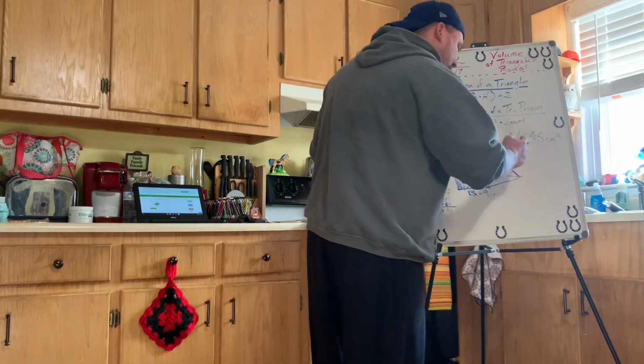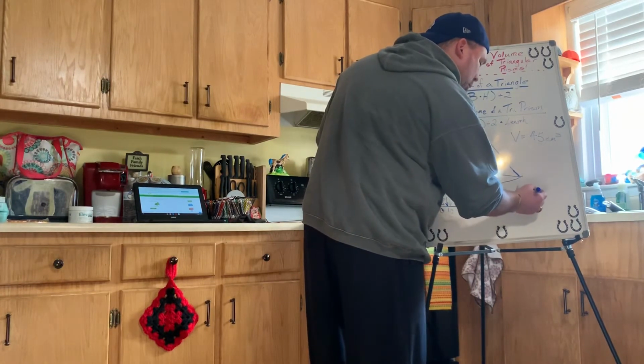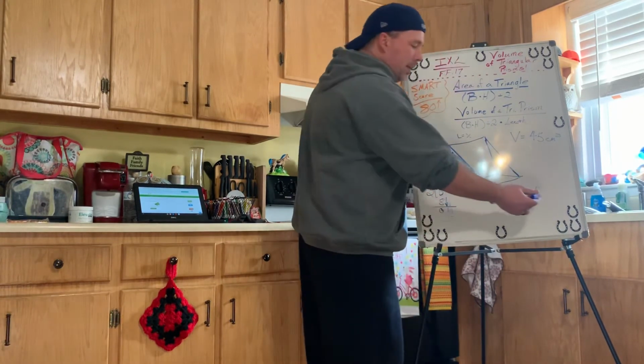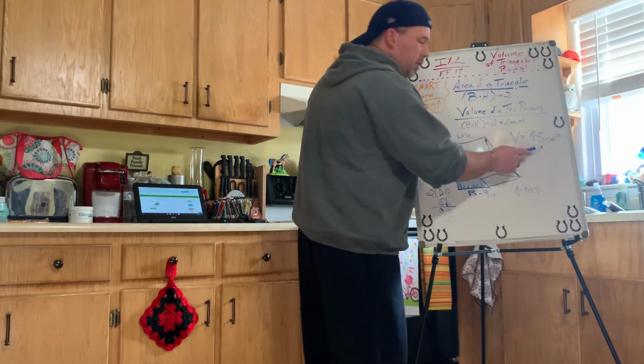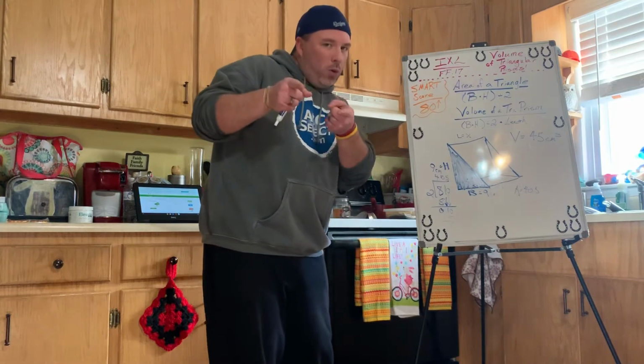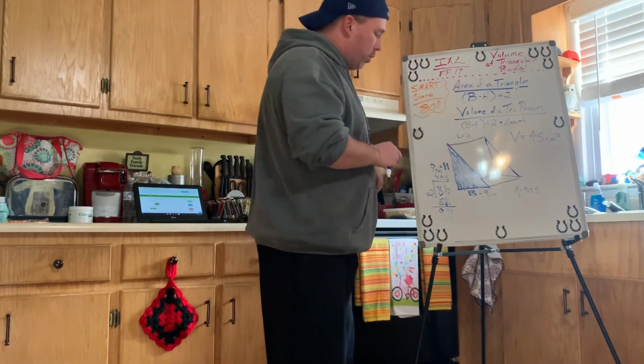So I'll put that down here. Now our area is 40.5. But remember, we've got to take this 40.5 now. We've got to multiply it by the length to make 45. What do you think you'd multiply that by in order to get what you need there?